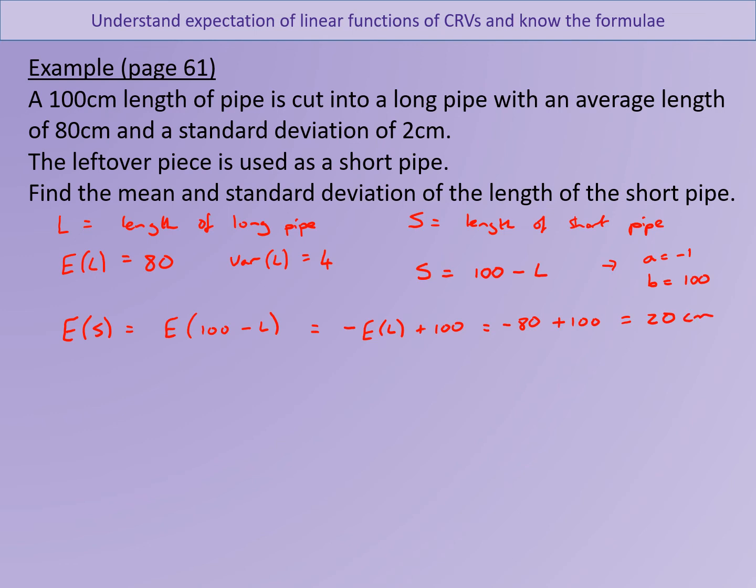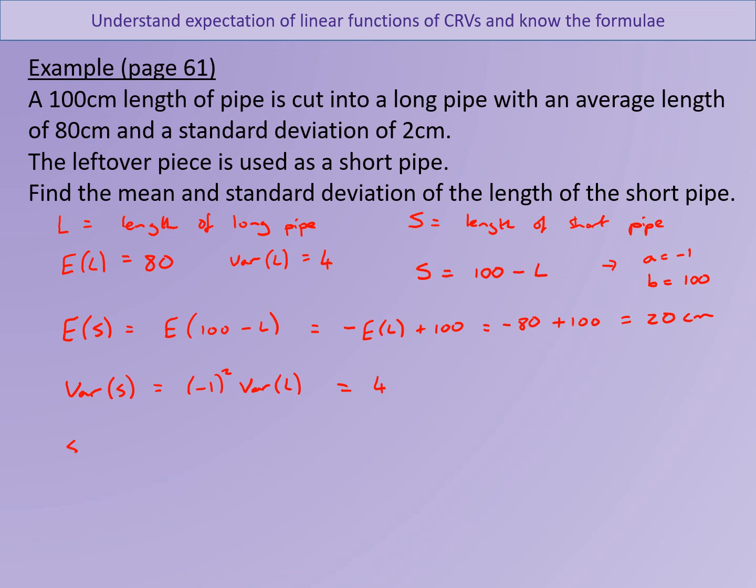We're going to consider first of all the variance of S. Now we know that the formula for variance of ax plus b is just a squared times the variance of whatever x is. So in this case we're going to just multiply the variance of L by minus 1 squared. This is just going to be the variance of L, which is 4.